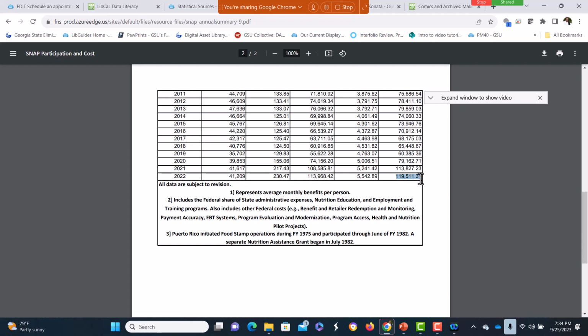I didn't do the math, but that's a lot of money. I can do it right now. Hang on. My little calculator can handle that. Okay, so it looks like you may be in the billions.